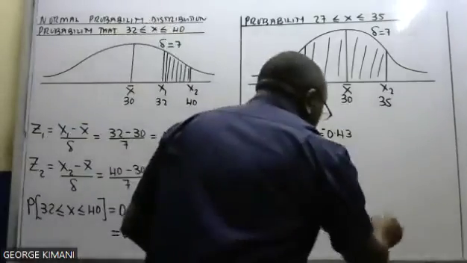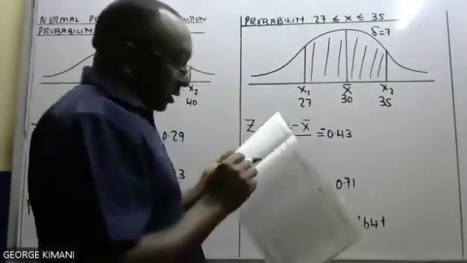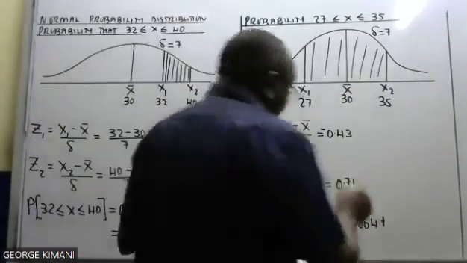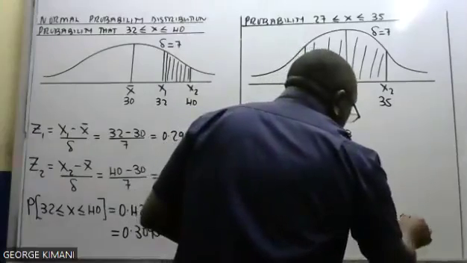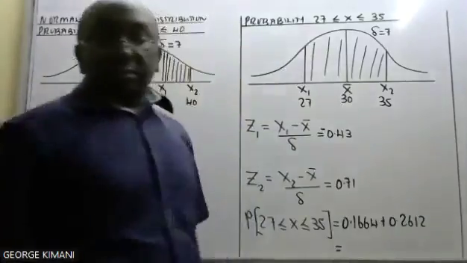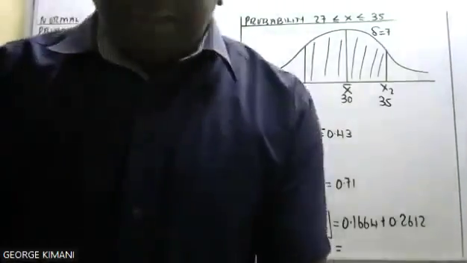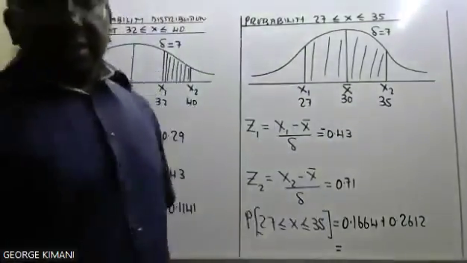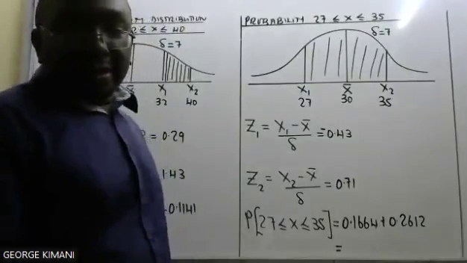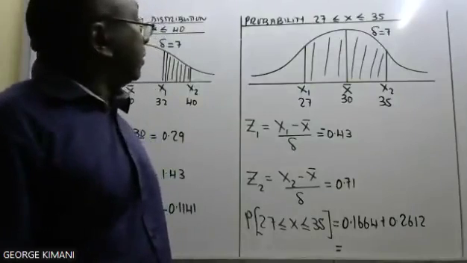Then you read 0.71. 0.71 is 0.2612. So confirm whether that is. Give me the answer now.